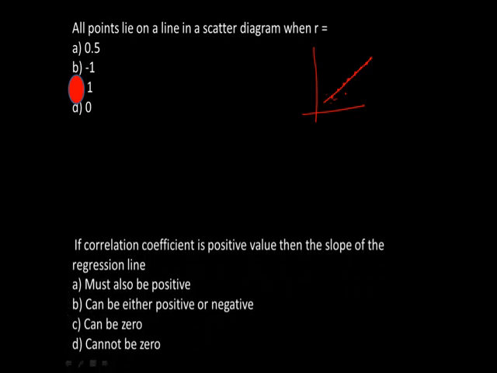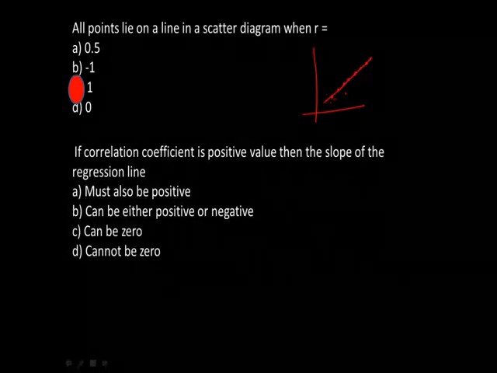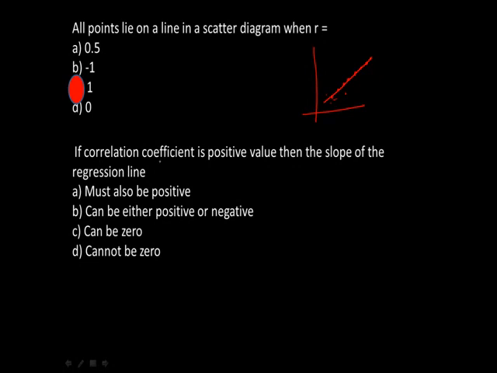Okay, now the next question in the sequence is: if the correlation coefficient is a positive value, then the slope of the regression line is, right? In order to answer this question, you should know the equation of the regression line. Say, for example, I will take y on x. We generally write y is equal to a1x plus some constant.